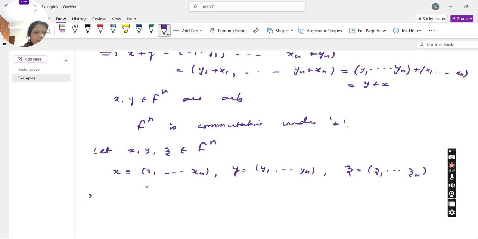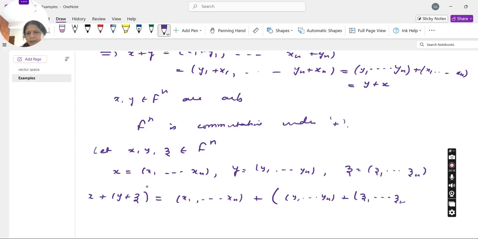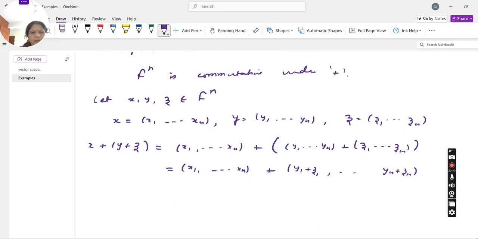Then x plus y plus z, according to the addition that we have defined earlier, is written as (x1, ..., xn) plus (y1 plus z1, ..., yn plus zn), which is written as (x1 plus (y1 plus z1), ..., xn plus (yn plus zn)).